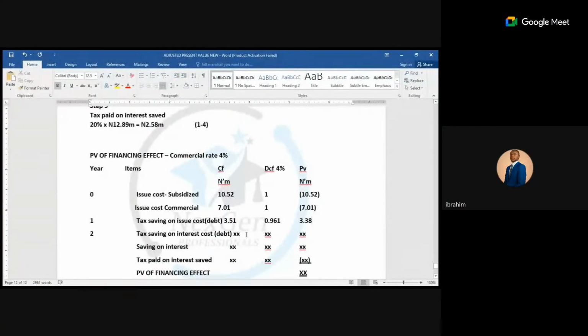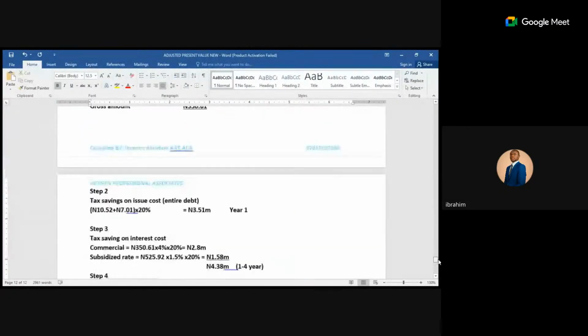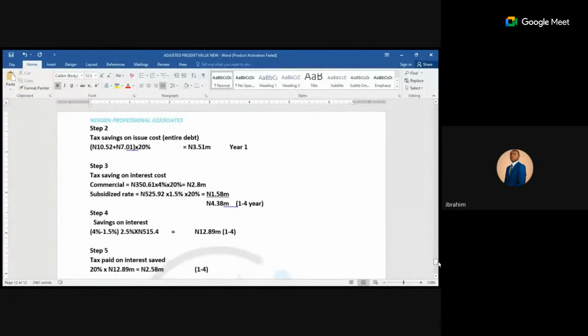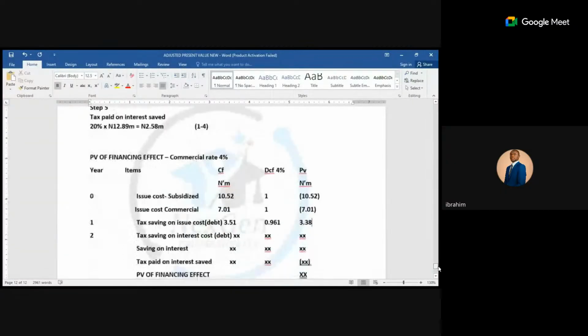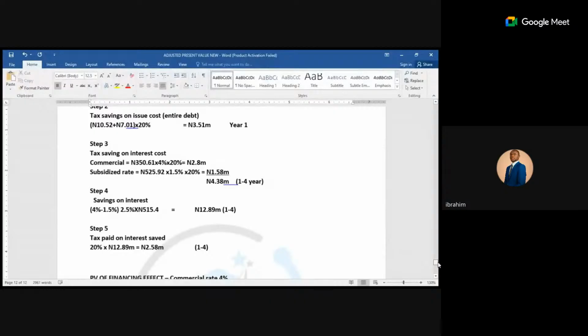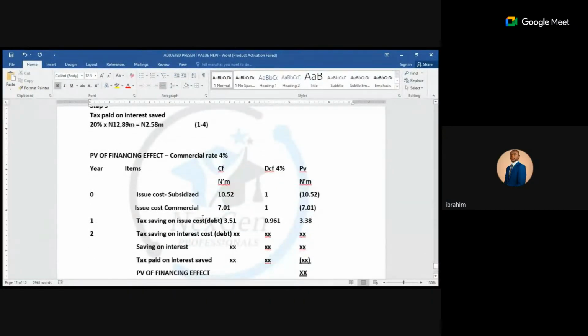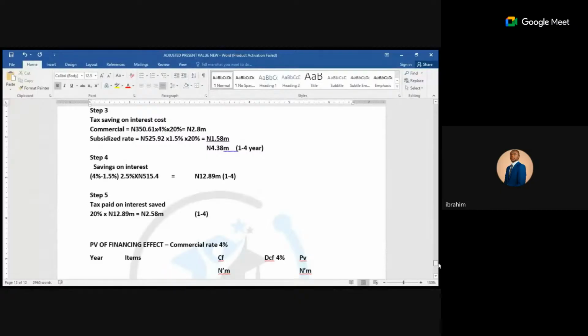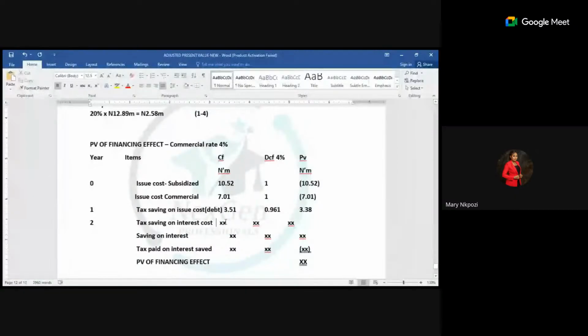Right. So we have tax savings. What is the next step? The next step is tax savings on interest costs. So what is the tax savings on interest costs? 4.38, yes.